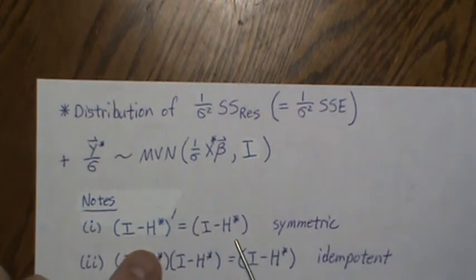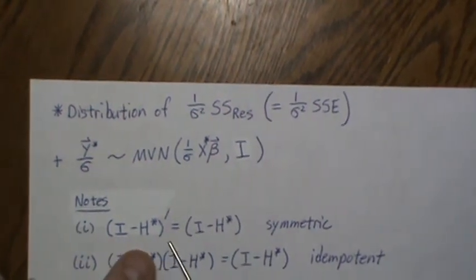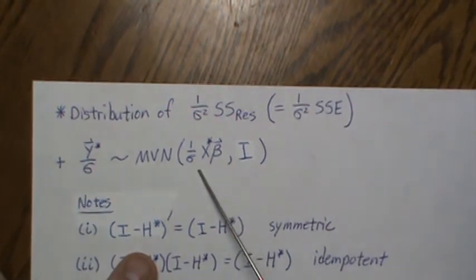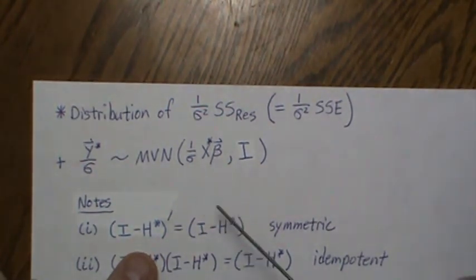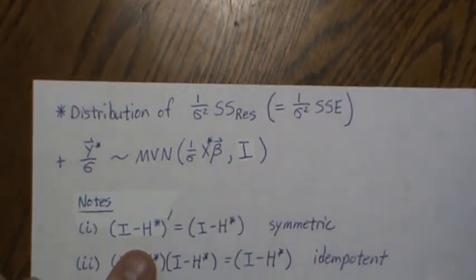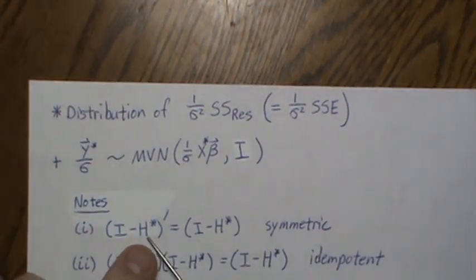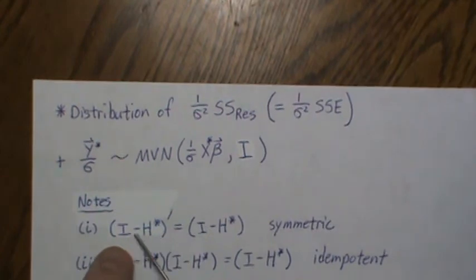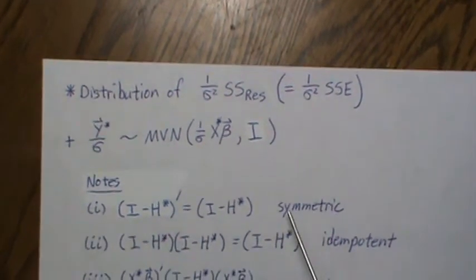But a few notes beforehand: when you look at one of my videos called the distribution of quadratic forms, we're going to need these properties in that theorem, so that it is symmetric. Well, this is symmetric and that's symmetric, so it has to be symmetric.